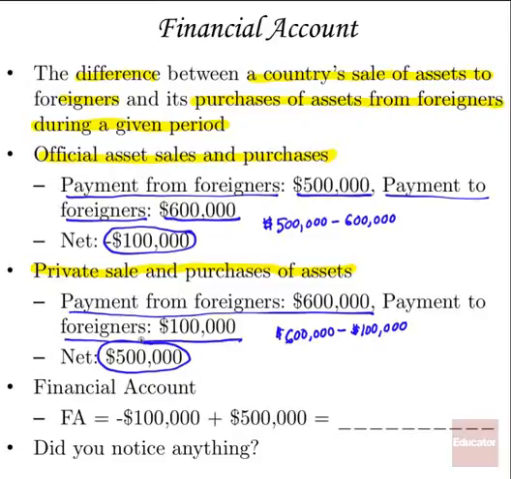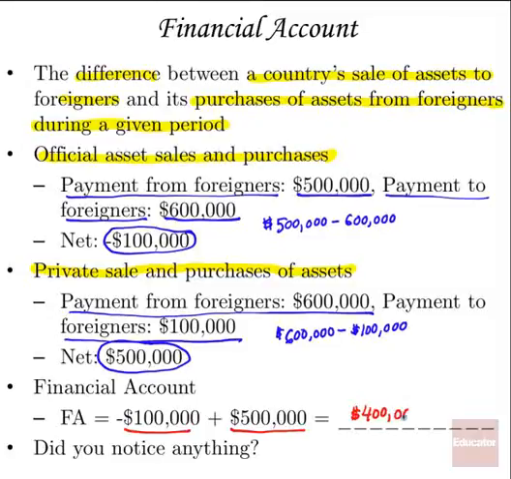So what is the financial account given these two hypothetical numbers? You have negative $100,000, which is payment from foreigners minus the payment to foreigners, and you have positive $500,000. And so the total is going to be $400,000.